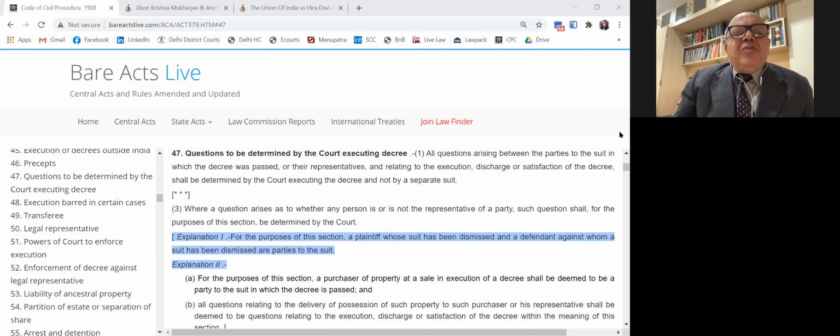Similarly, a suit for specific performance of a contract, you are filing in the Court of Small Causes, which passes a decree. Under Section 19 of the Presidency Small Cause Courts Act, you know there's a bar. The Court of Small Causes cannot try a suit for specific performance. It cannot try a suit for pre-emption or partition. If such a decree is passed, it's a nullity.